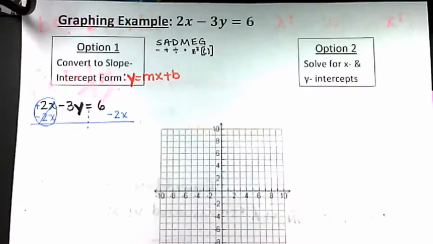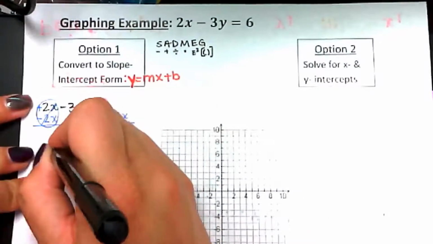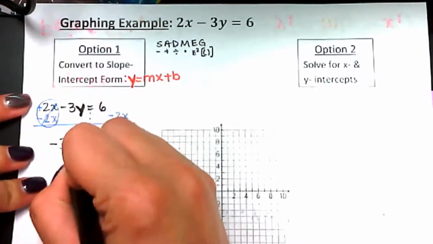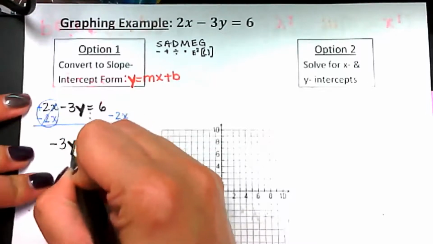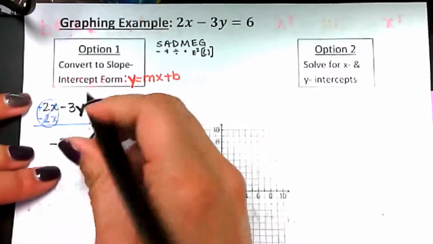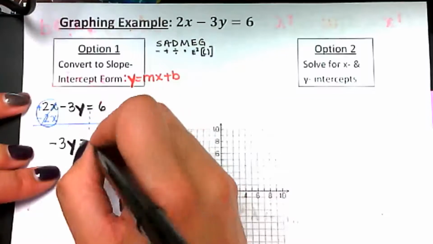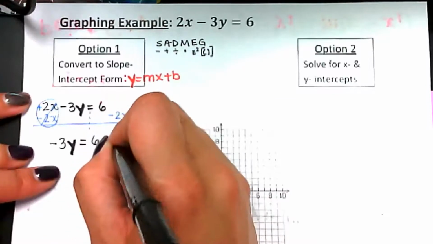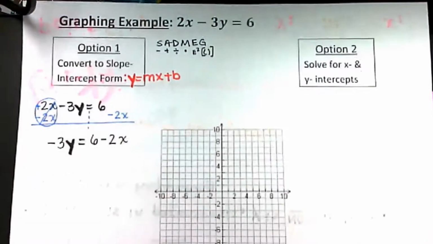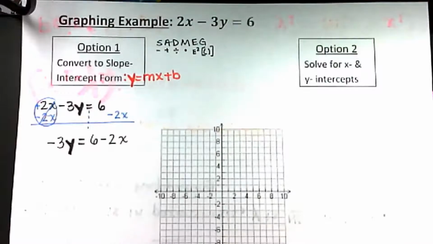So I can pretty much drop everything down now. I'm going to say I have negative 3y equals 6 minus 2x. Okay. Now, if I wanted to get this y alone, I would have to use the opposite operation once again.